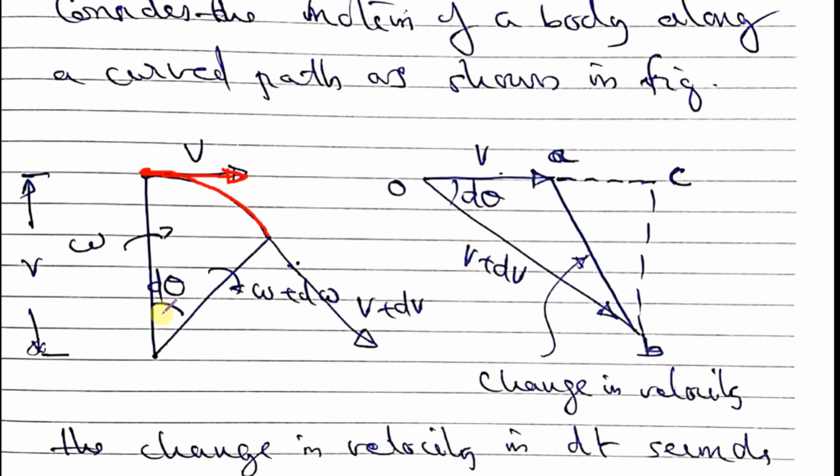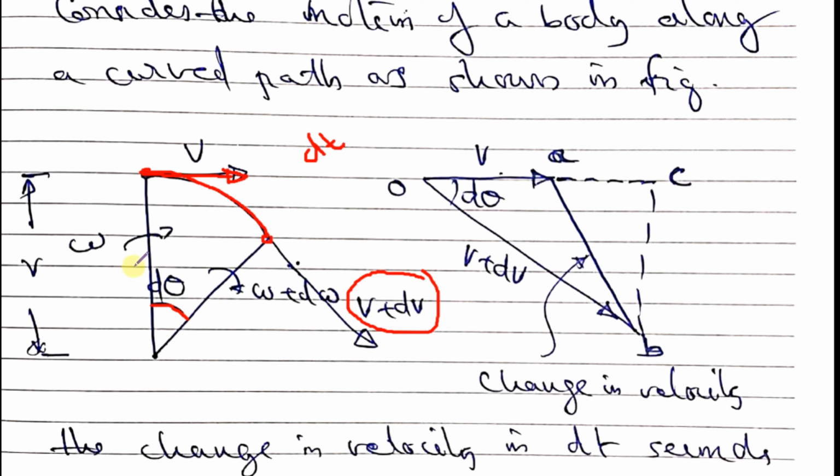Let us consider another point at an angular displacement of d theta after dt seconds, where the velocity is found to be v plus dv. Here it was v, and after dt seconds the velocity has increased to v plus dv, so the change is dv in dt seconds.